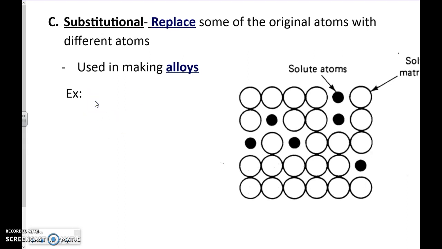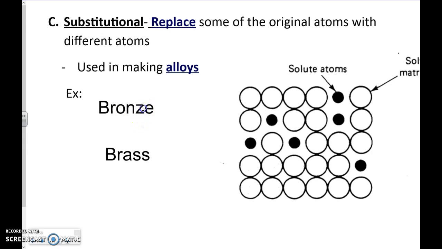Examples of substitutional would be bronze, when copper is replaced by... So I got mixed up with brass, because brass is another one. Whoops, wrong one. Brass would be copper being replaced by tin.